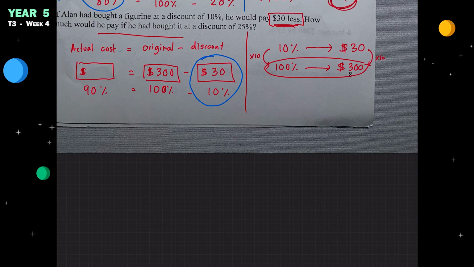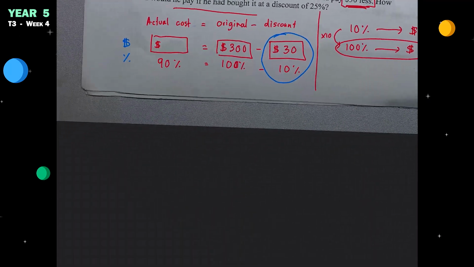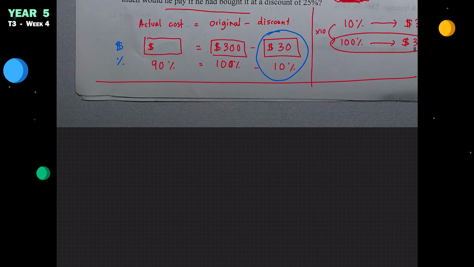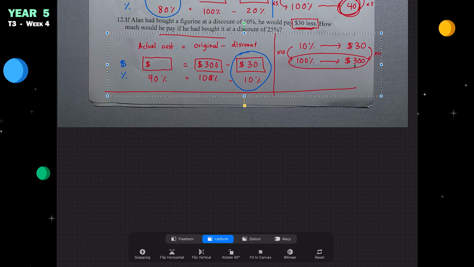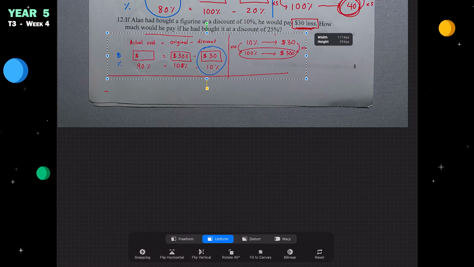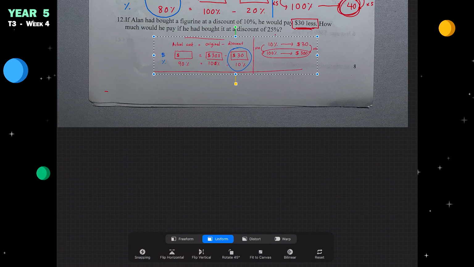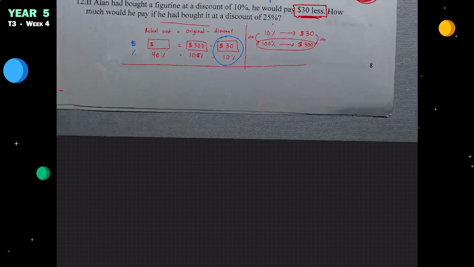Okay. So that's great. But now they say, what if they change the discount to 25%? So what if we have a new question now? So this is the original question. What if they change the question?